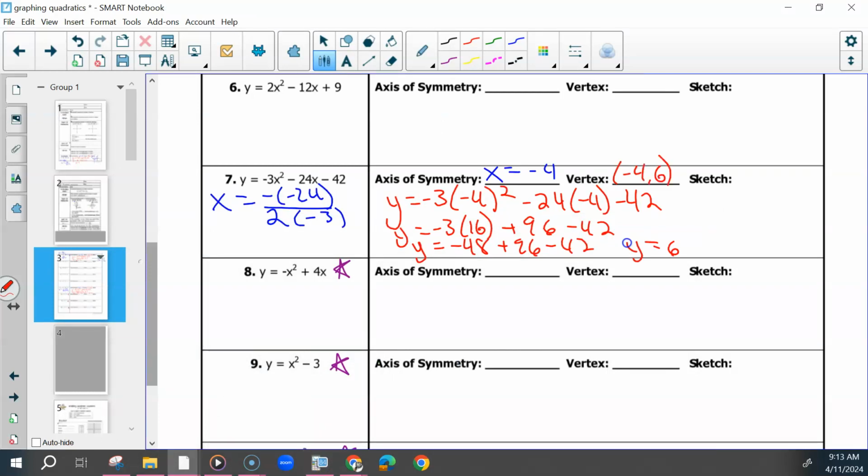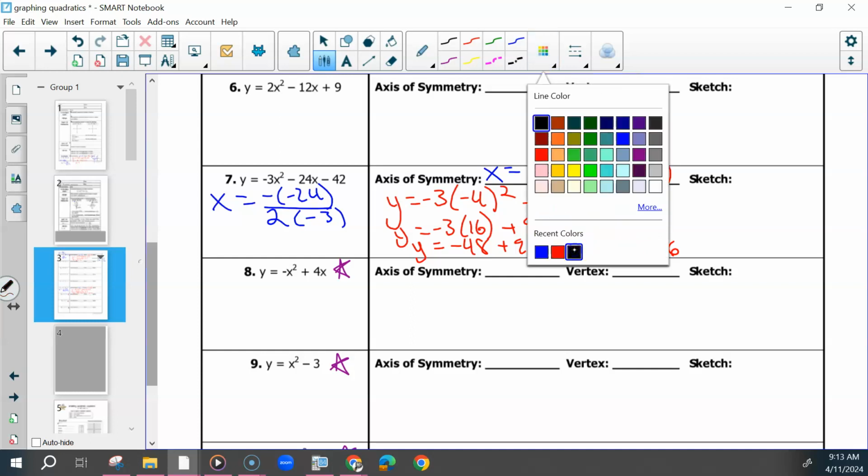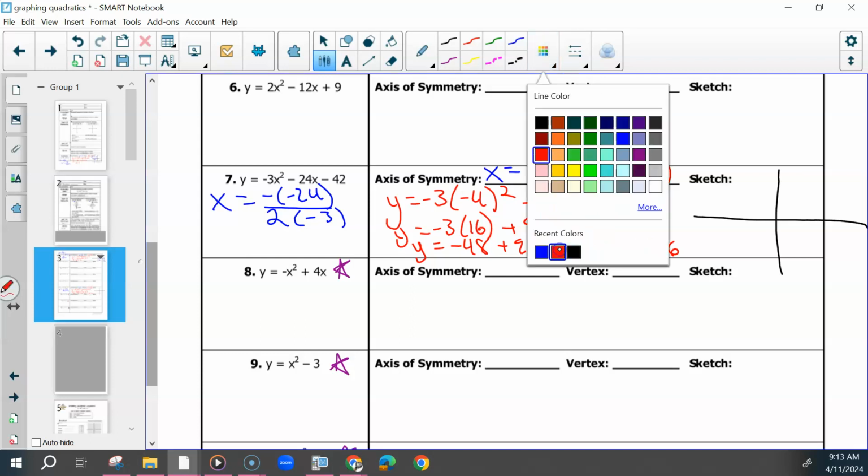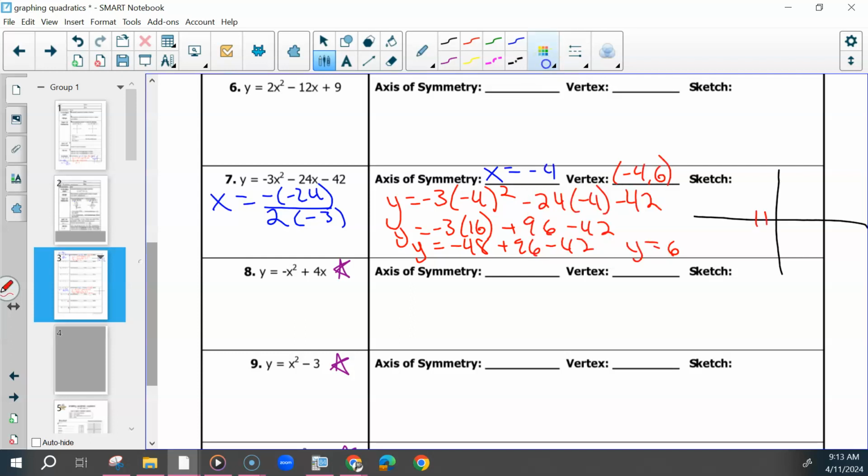Anyone need to see that in the calculator, just in case they weren't getting that? Go ahead and draw in your rough sketch. Would this face up or down? Down.